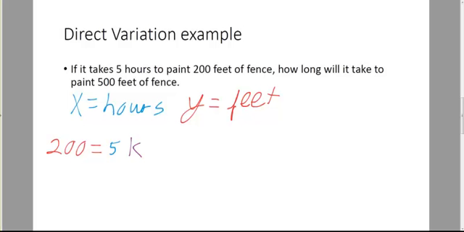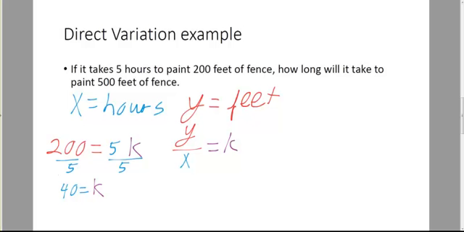To do this is a very simple divide by 5 on both sides. This will give me 40 k. Now, perhaps I'm not great at word problems, so I have y. We're going to look at this right here. We have y over x, and that equals our k.